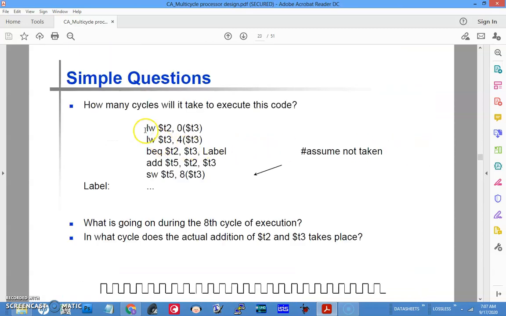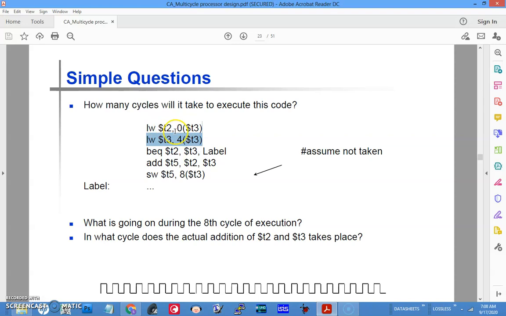So first load word itself takes 5 clock cycles. Second load word also takes 5 clock cycles. Likewise it goes. In your mind you can visualize what is happening in every clock cycle of load word, because load word consumes 5 clock cycles.